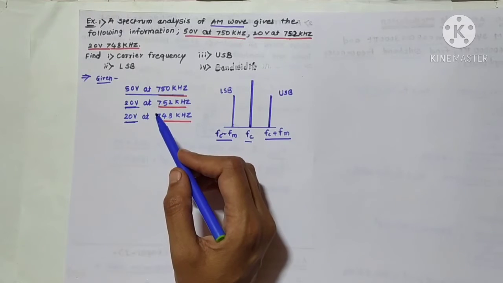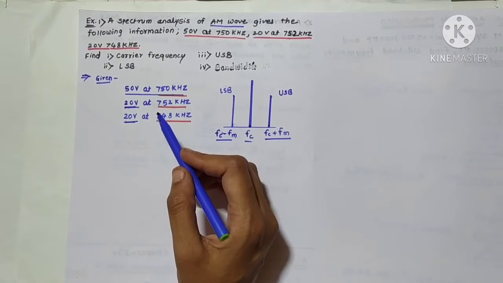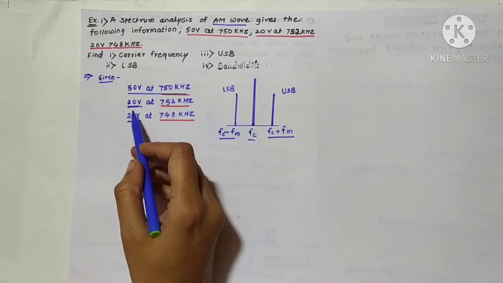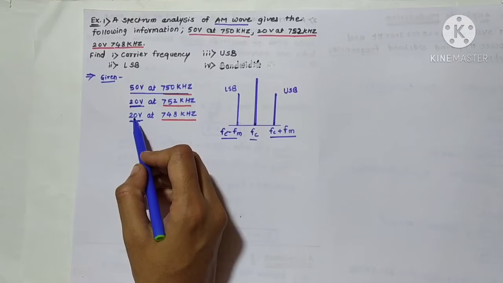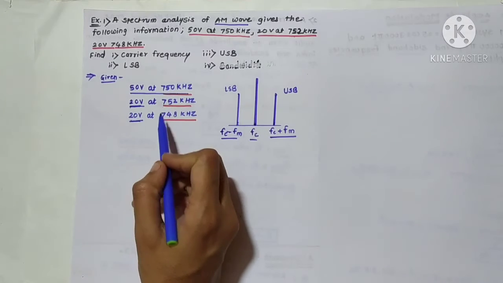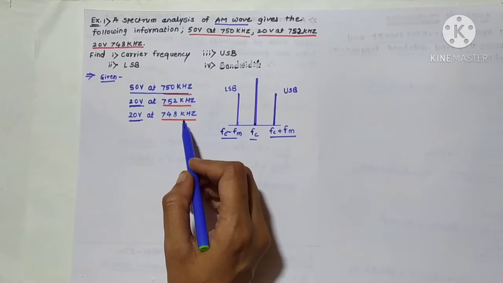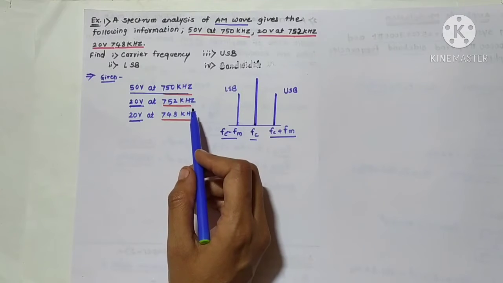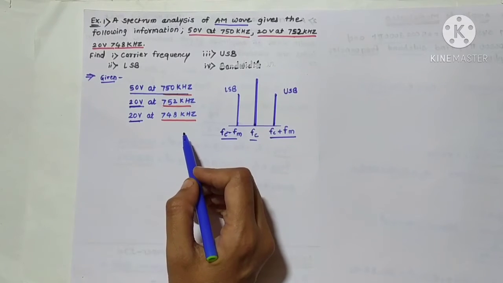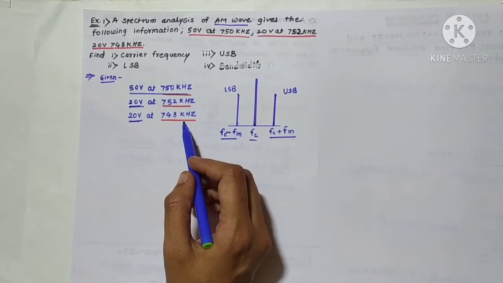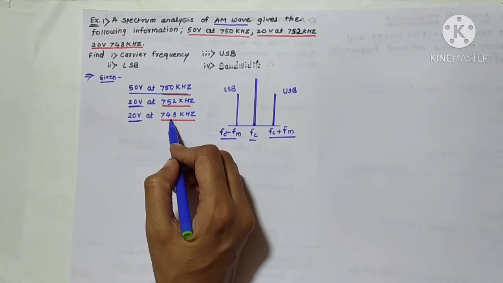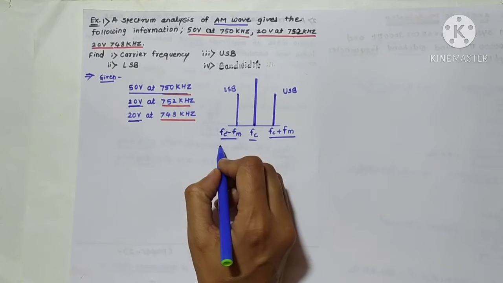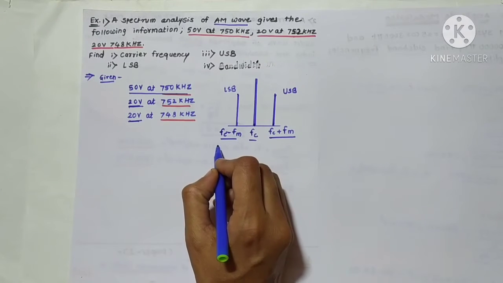So we can say that this 20 volt is nothing but the amplitude of the two side bands. Okay students, out of these two side bands, one is LSB and another is USB. LSB has a lower frequency than USB. So here 748 kilohertz is the frequency of LSB.